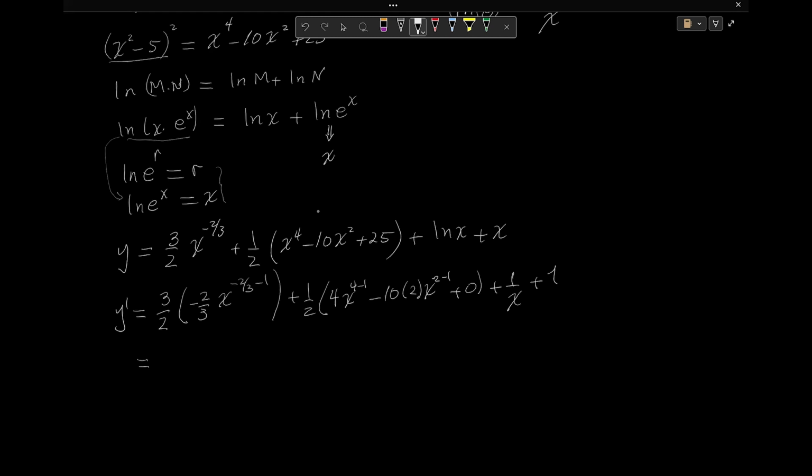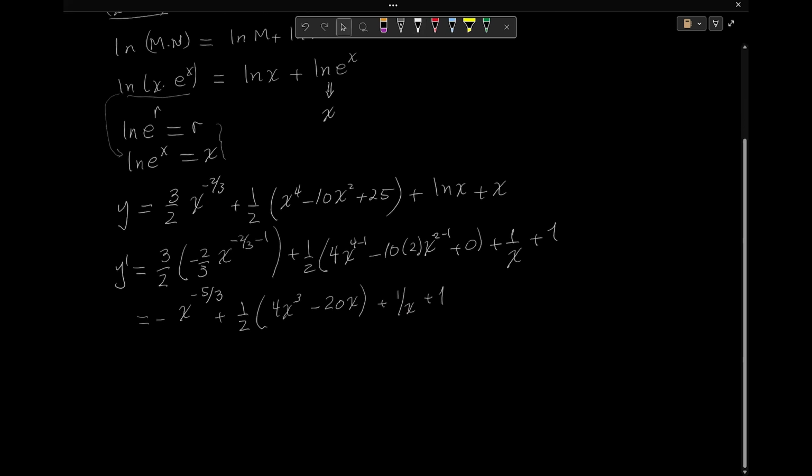So simplify a little bit. 3/2 times negative 2/3 is negative 1, which I'm going to just put a negative for. And then here I have x to the negative 5/3, plus 1/2 times 4x cubed minus 20x plus 1 over x plus 1.